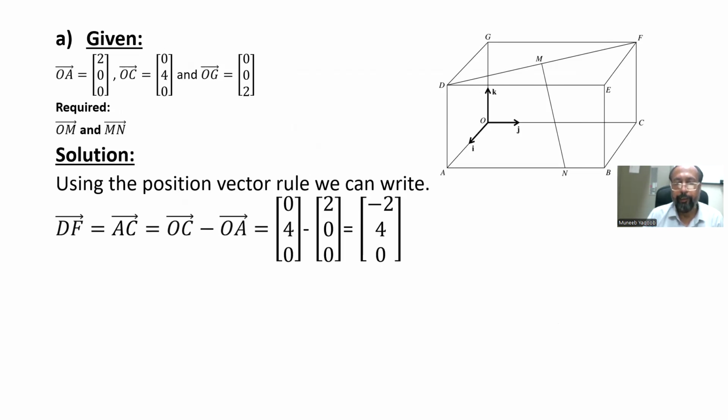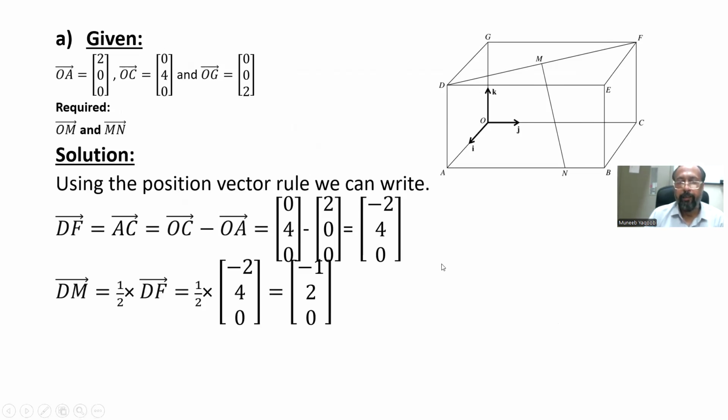Since AC is equal to DF, for the position vector DF we will write position vector OC minus position vector OA. Since both OC and OA are given in the question, we can easily compute this as -2, 4, 0.